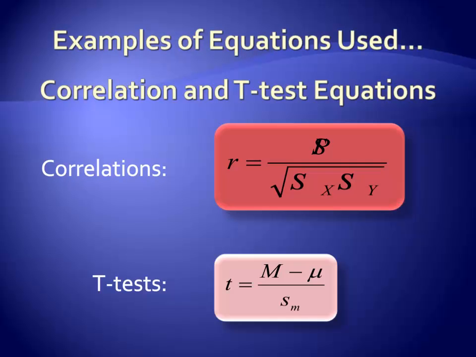Correlation examines the ratio between SP and SSX times SSY. These represent the shared variation or overlap between the variables versus the total amount of variability in X and Y. T-tests examine the difference between the means and how much total variation there is in the model.